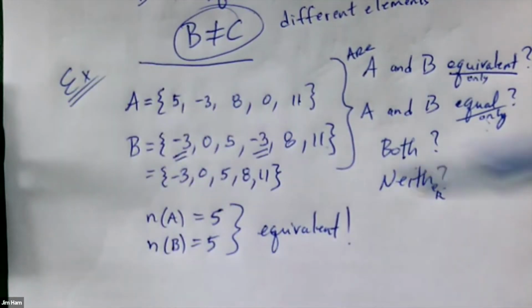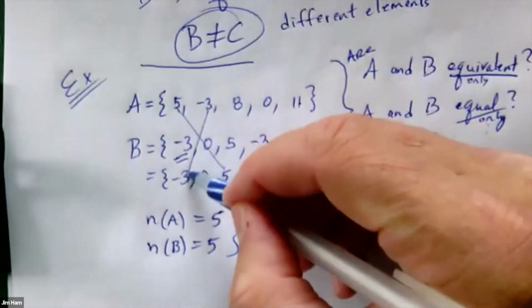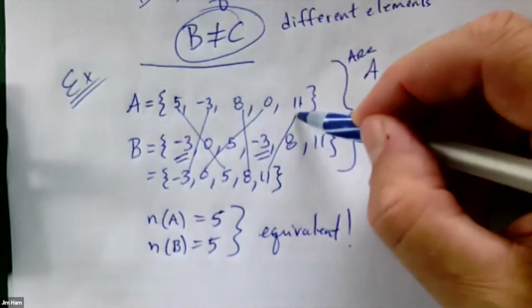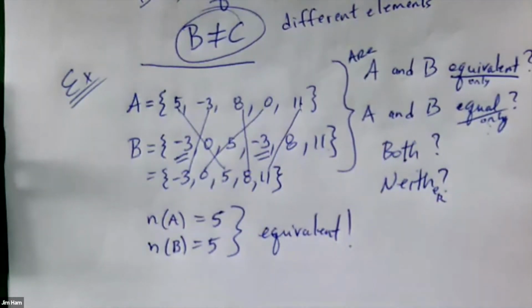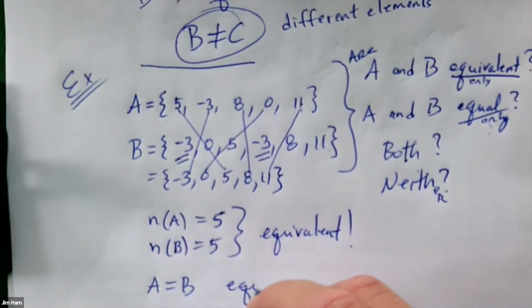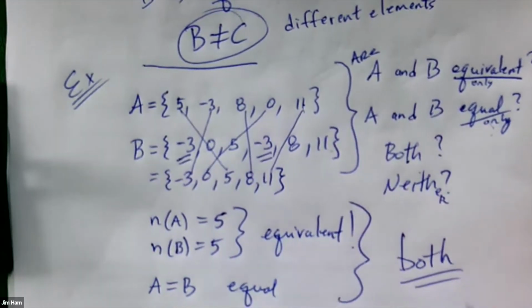But not only are they equivalent, you can match 5 for 5, -3 for -3, 0 for 0, 8 for 8. Not only do they have the same number of elements, but those elements are exactly the same. It does not matter that they're listed in a different order. So we would say A is equal to B as well. And since they're equivalent and equal, the correct response is both.